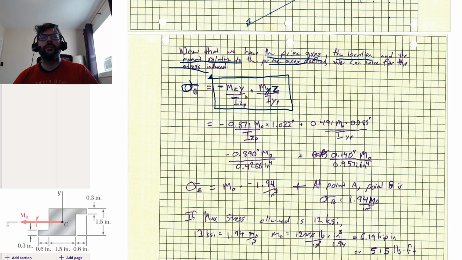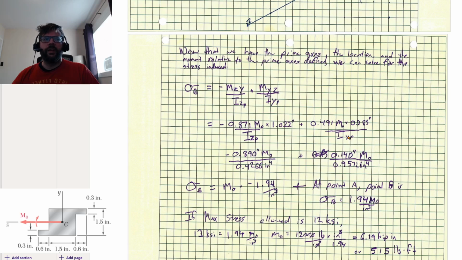So again, all of these are in terms of the prime axis coordinate system. The locations are, the I's are, and the moments need to be. If you're not working in your prime coordinate system, then this ain't gonna work.